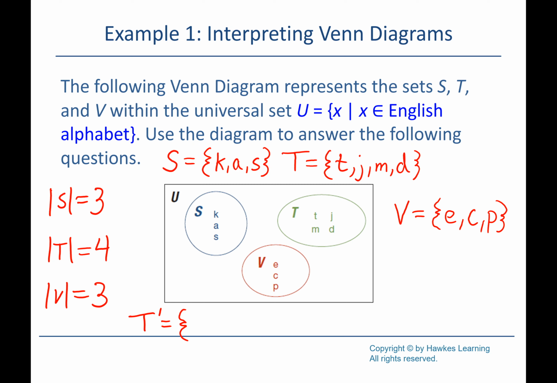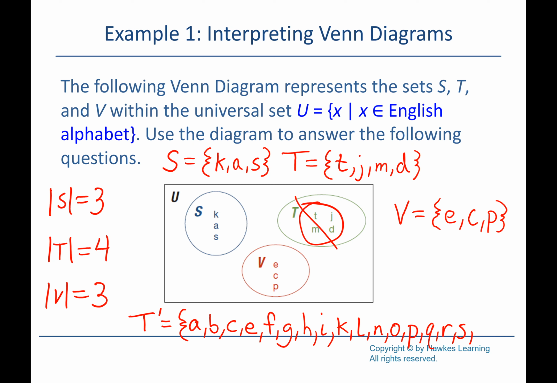Okay, we got to have a big ugly set. Just keep in mind these are the ones that we don't want. And then we're listing out everything else. So we got A, B, C. Nope, not D because D is in T. E, F, G, H, I, not J, because J's in T, K, L, not M, because M's in T, N, O, P, Q, R, S, and I'm gonna have to go down to the next line, okay?